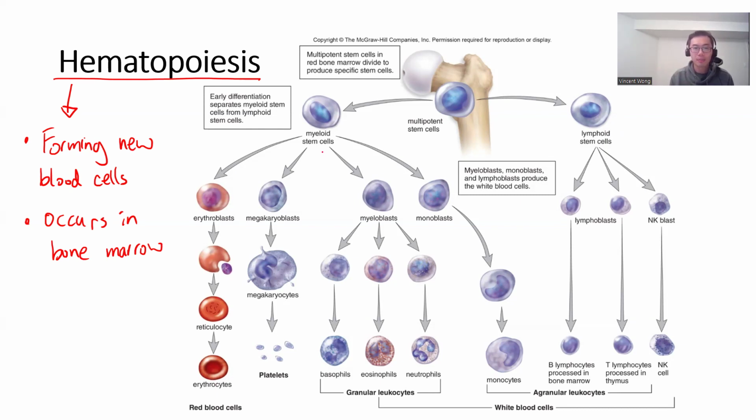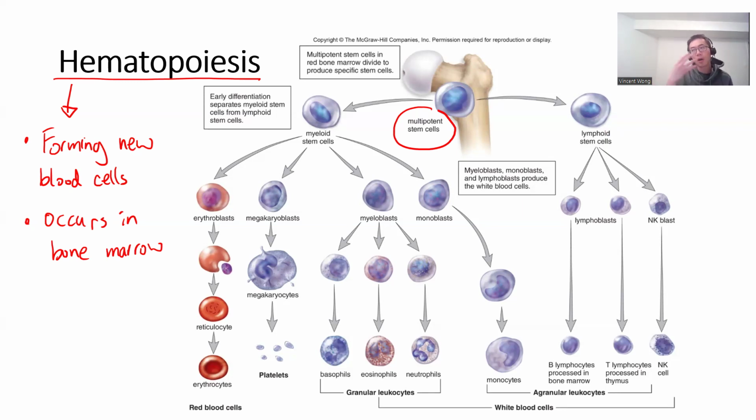Okay, so you don't have to memorize these things, but it shows you in the bone marrow you have multipotent stem cells. We learned that, right? Last lecture of last semester. These stem cells are capable of becoming various types of cells.